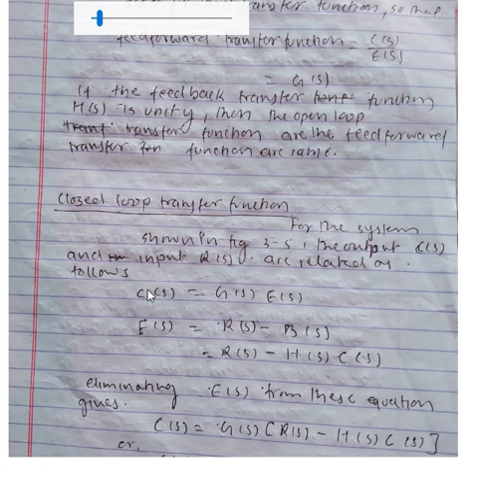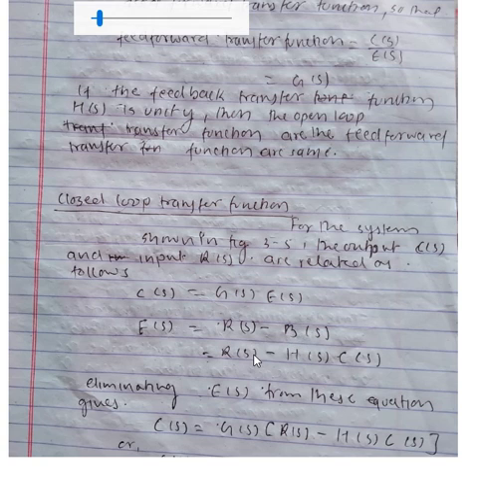related as follows. C(s) equals G(s) into E(s), meaning the feed forward function into the error, and the error E(s) equals R(s) minus B(s), meaning the input minus the feedback. This is the feedback signal.